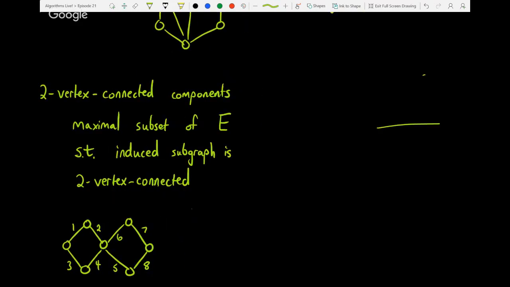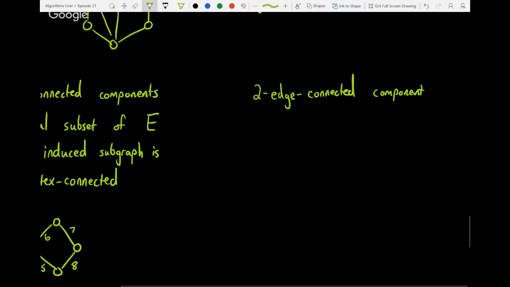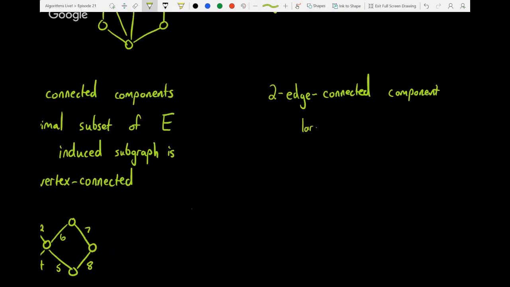We're just going to slide over here, and I want to talk about the second type of component. So we have two edge connected components. This is the largest, or I should say maximal, subset of vertices now.